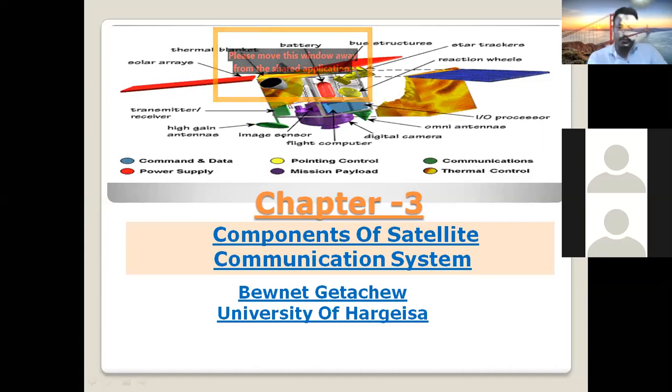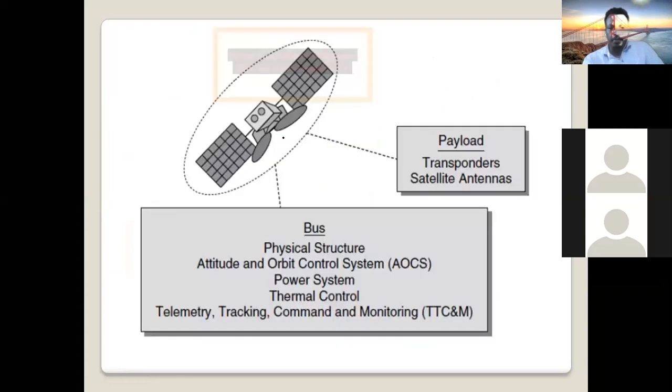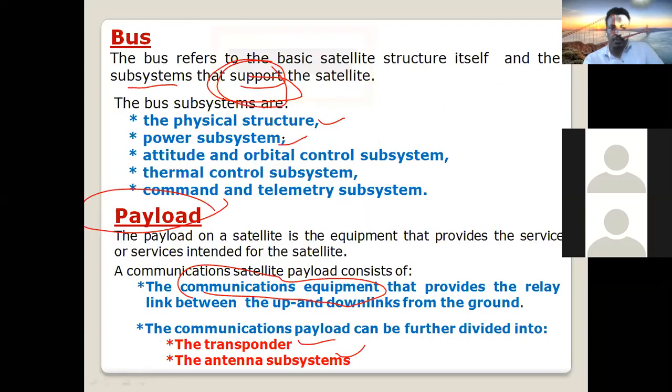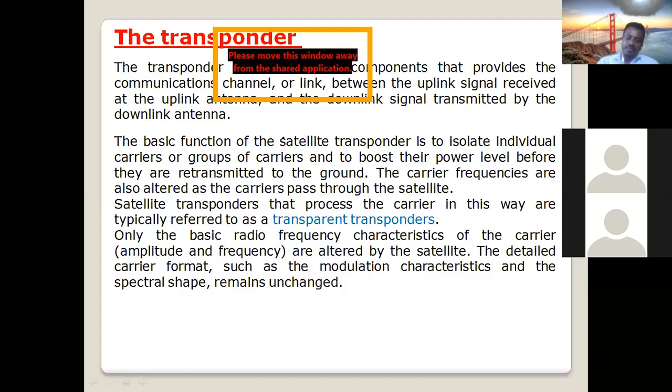Now let's come to the payload part of the space segment. What is the first payload part? Communication equipment we put in space. We call it what? Transponder. From the space segment, we are going to discuss the transponder and the antenna subsystem in space. We call these two payload.